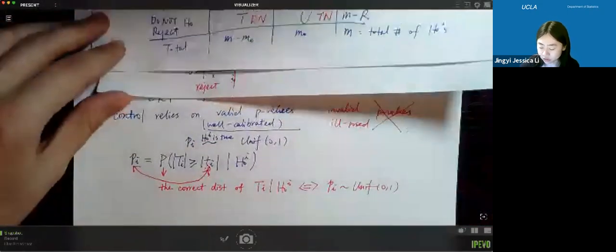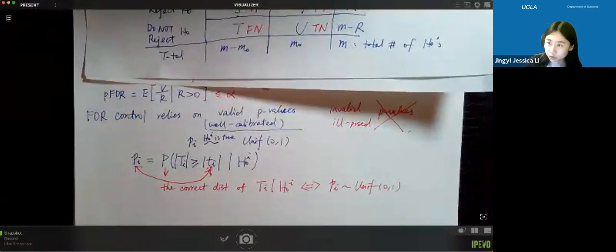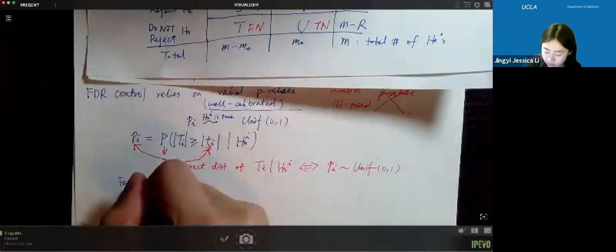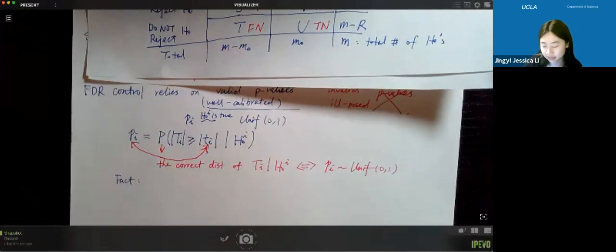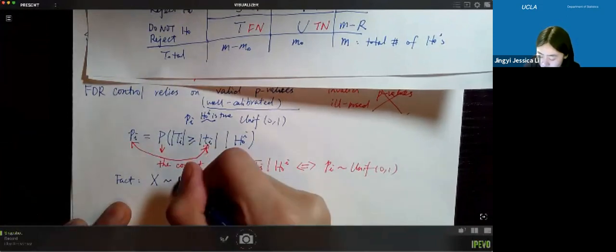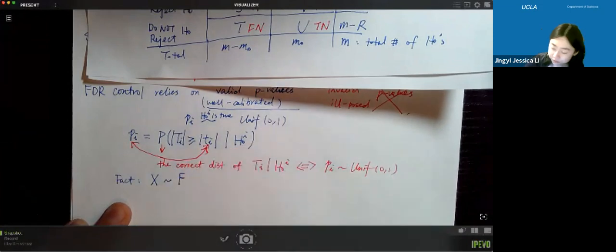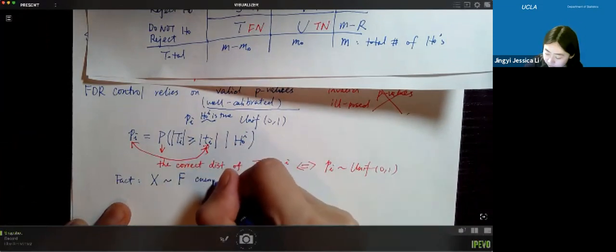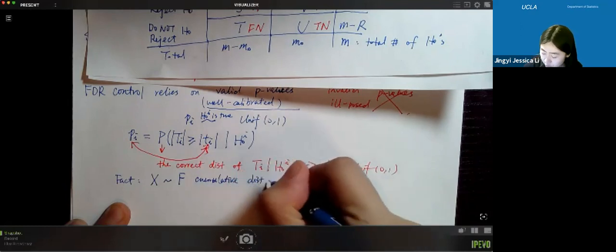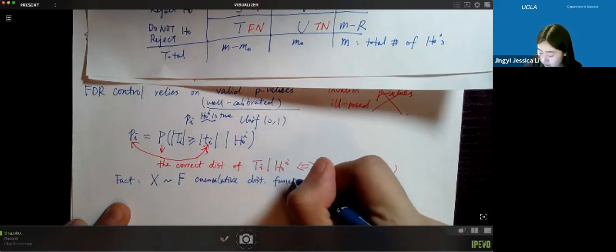This is actually a very important phenomenon in our probability or random variable distribution. So the essence is this. The underlying fact, let me explain, is that if x follows a distribution f, and this f is its cumulative distribution function, or we call it CDF.